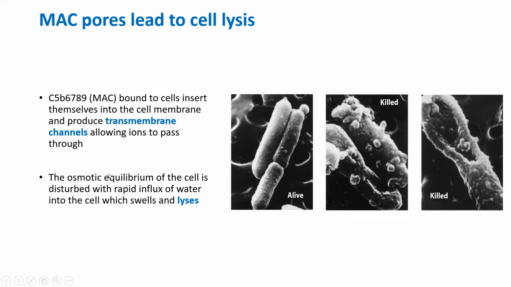This movement of ions creates a disequilibrium of the cell, disturbing the influx of water, so causing the cell to swell. As you can see, this was a live cell before the reaction, and after the reaction, it has swollen, and then it starts getting lysed. There are some swellings being formed here.